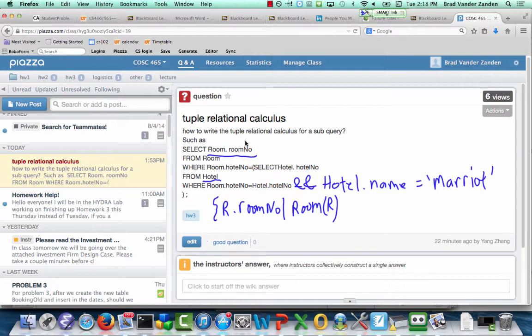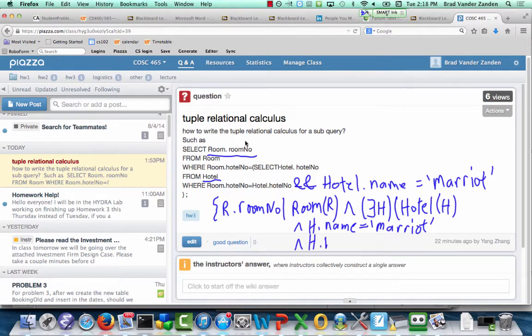Okay, so, and there exists H such that H is in hotel and H.name equals Marriott and H.hotelNumber equals R.hotelNumber.